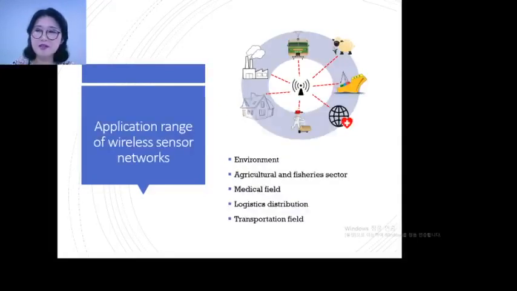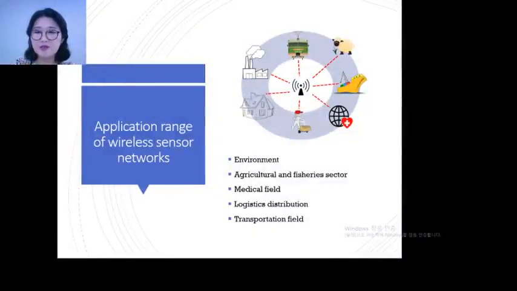The application of wireless sensor networks is increasing, and the fields can be roughly classified as follows. Environment: detecting noise and air pollution, water pollution level measurement, and natural disaster management. Agricultural and fisheries sector: vegetation management, management of farm animals, wastewater concentration management, water quality and water temperature management in fish farms.